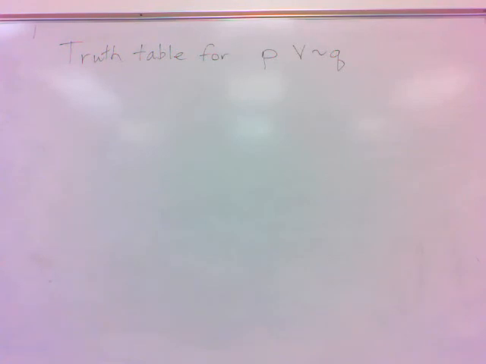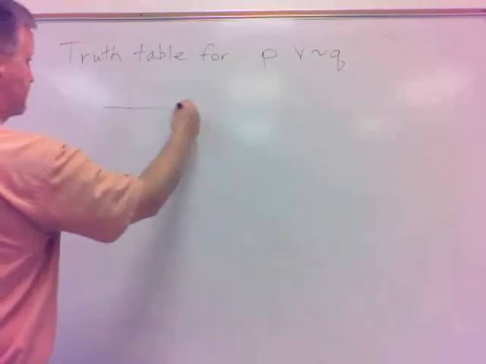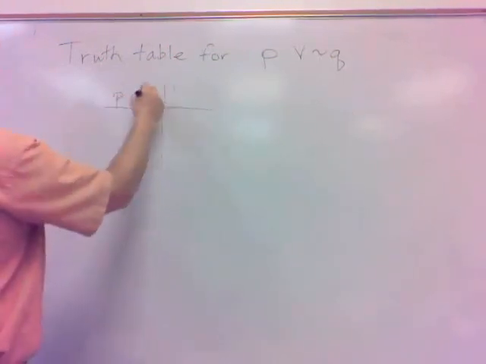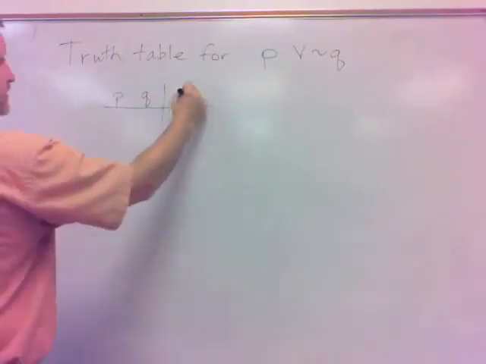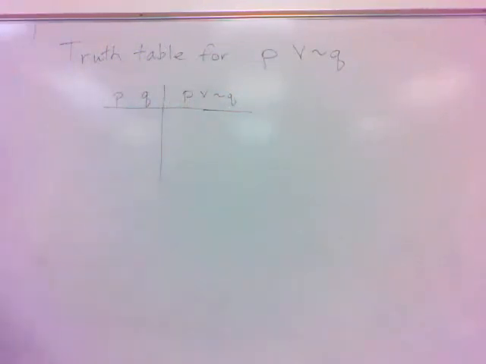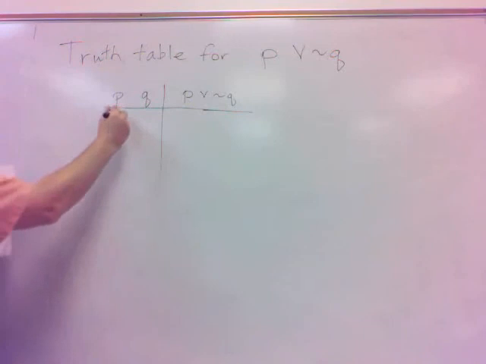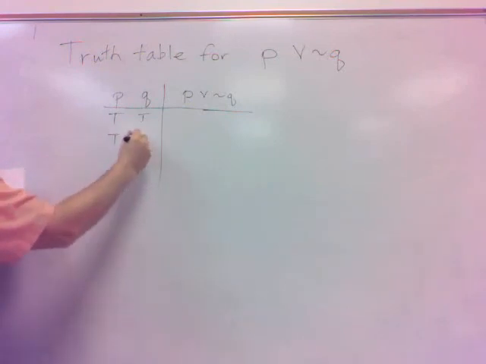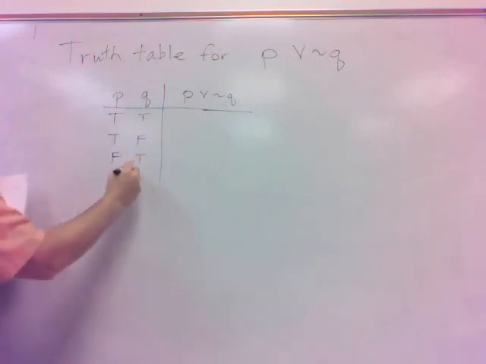Well, if we're going to do a truth table, like I said, it always starts the same. If we've got P's and Q's, or just 2 statements there, you do P, Q here, and then the actual statement over here. And then you're going to have the 4 lines. P and Q, so it could be true, true, true, false, false, true, false, false.